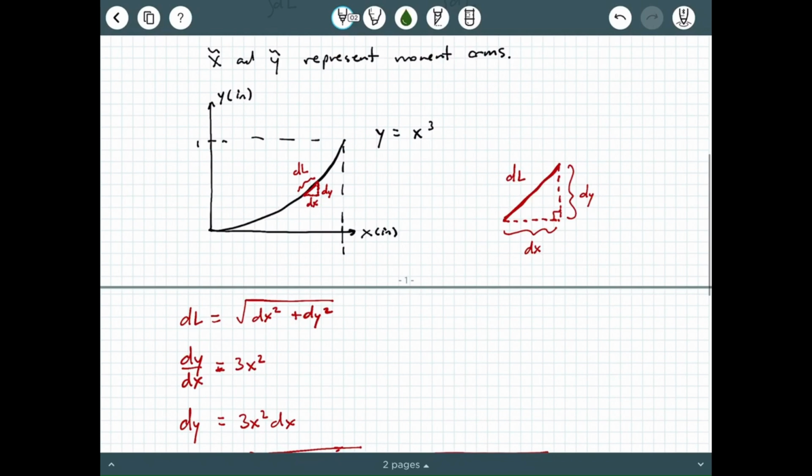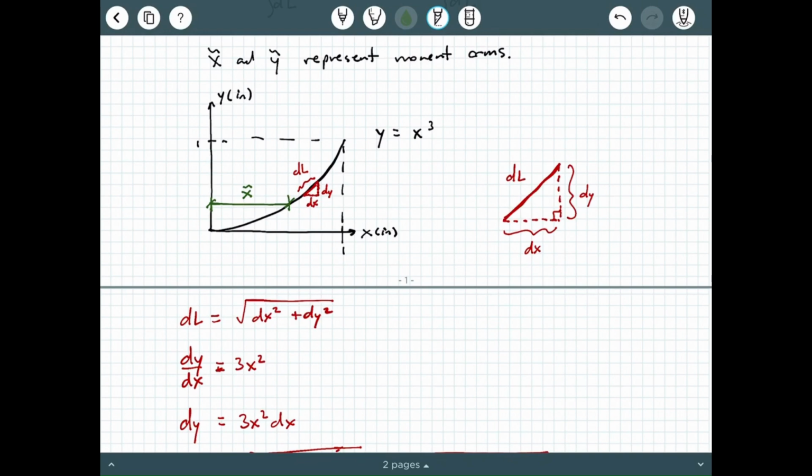So x tilde represents a moment arm from where to where? Think back to our mathematical framework. X tilde represents a moment arm from the y-axis to the curve, okay? So this is x tilde. Again, x tilde represents some kind of arbitrary moment arm from the y-axis to the curve. You can look at it where I drew it in green, maybe even all the way up here, right?